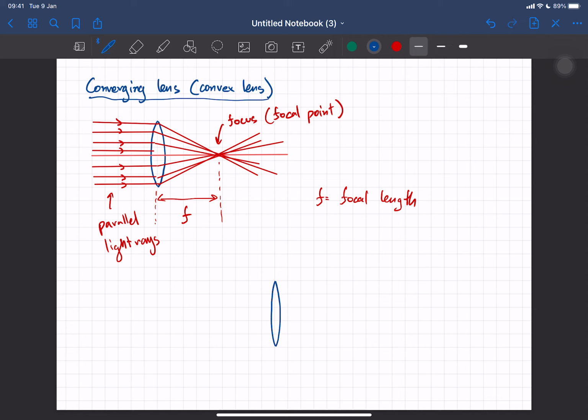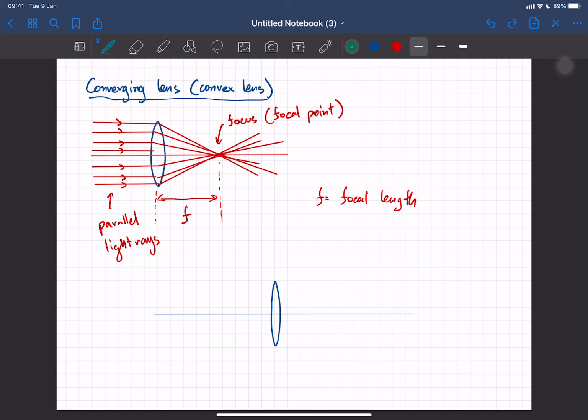So what I mean is that, let's say we have a converging lens like here, and let's draw this line here. I'm going to do something like this. And the goal is to calculate what happens if we place the object not at extremely far away, because that we know is going to happen.